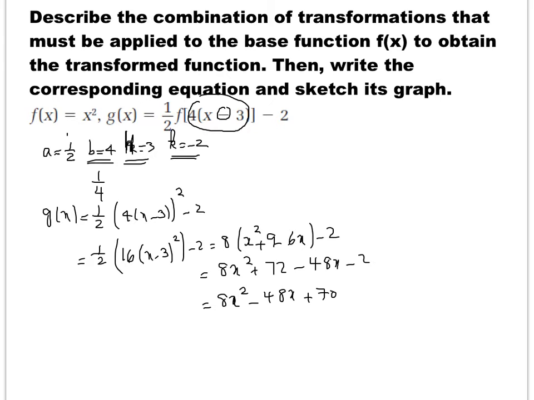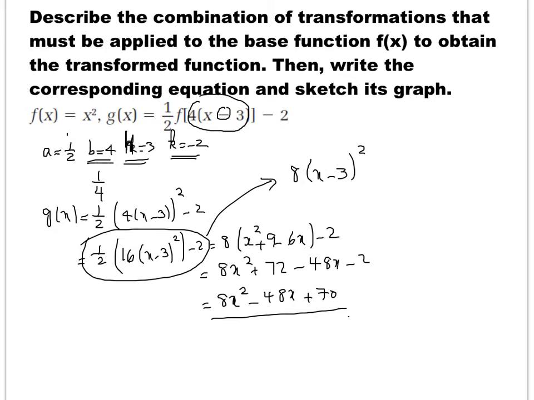Now, this is the corresponding equation. But before I go into sketching the graph, remember this equation that we got here. Let's simplify it by writing it as 8 times (x minus 3) squared minus 2.